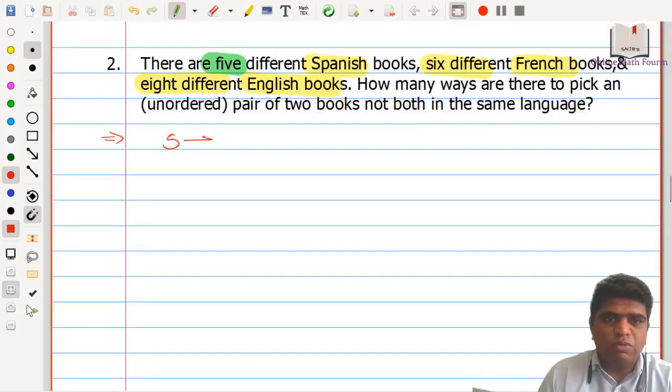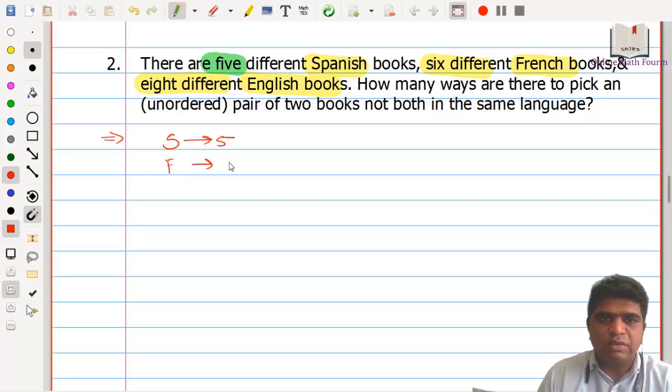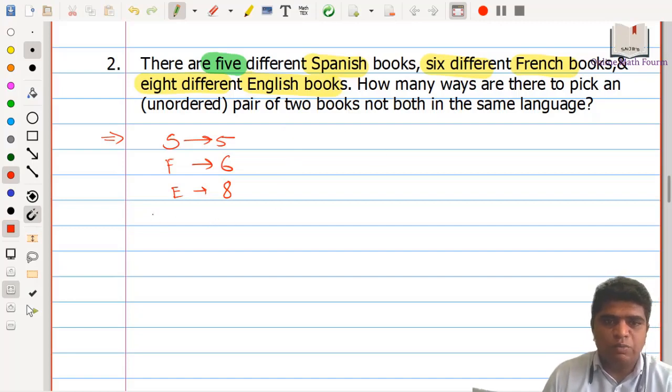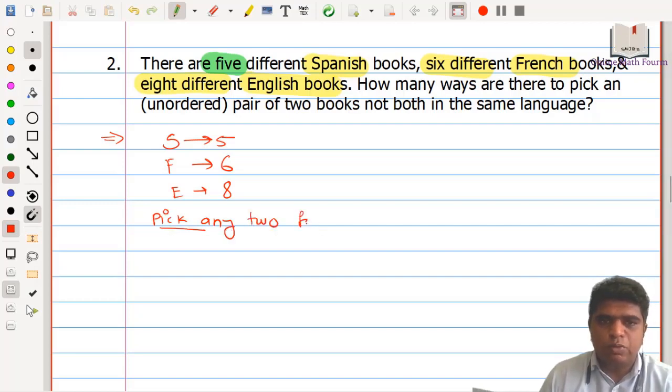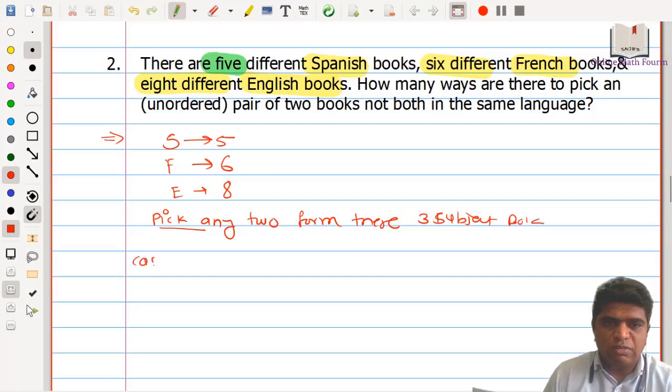There are five different Spanish books, six different French books, and eight different English books. We have to pick any two from these three subjects' books. So there are three cases.